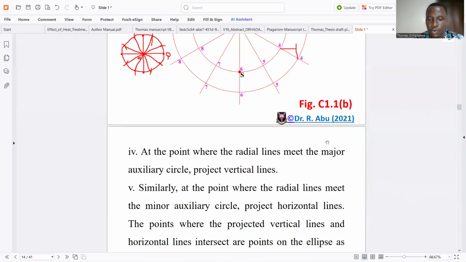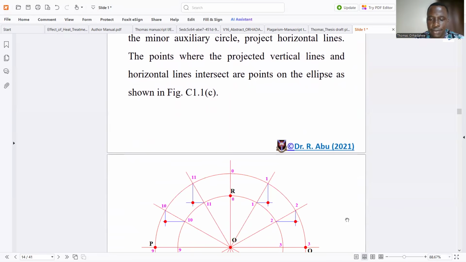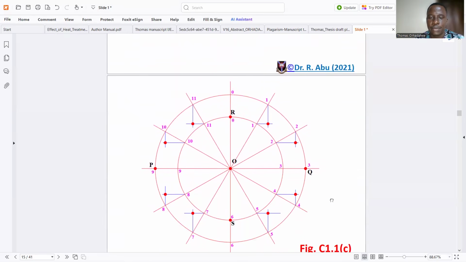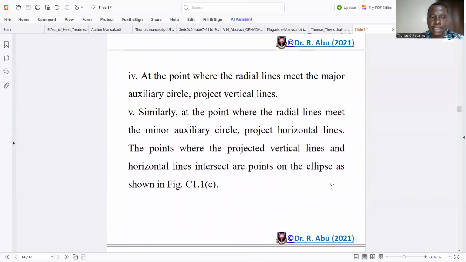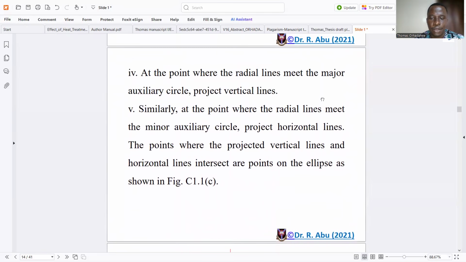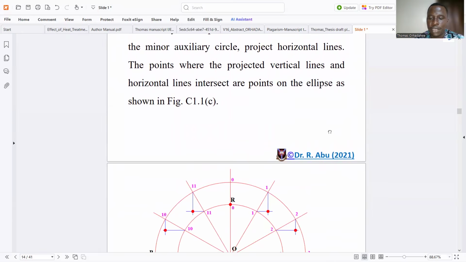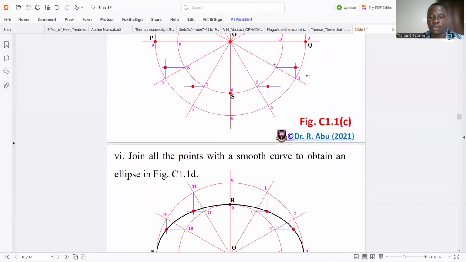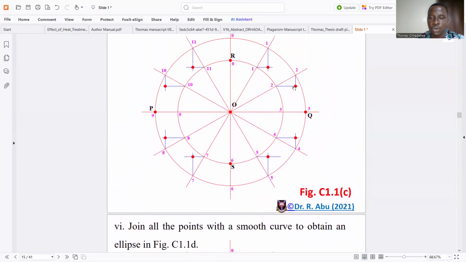So with that, we have something like this. After that, you begin to join these points with your French curve. Join all these points together smoothly with your French curve.